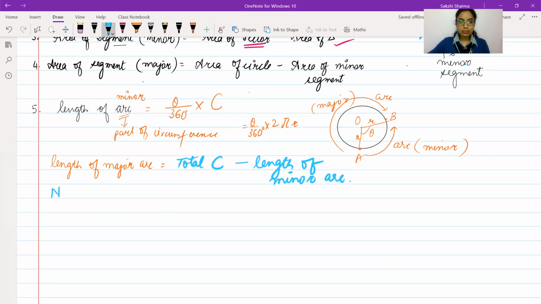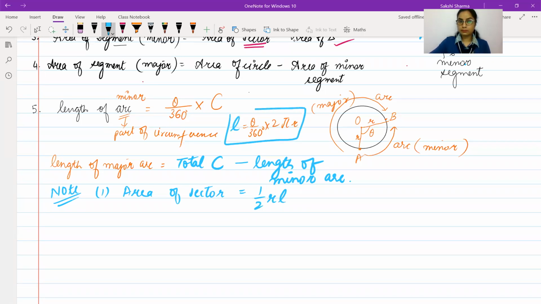There is a note that you want to write down. The first one is area of sector can also be expressed as half RL, where L is the length of the arc. Half into radius into the length of arc.